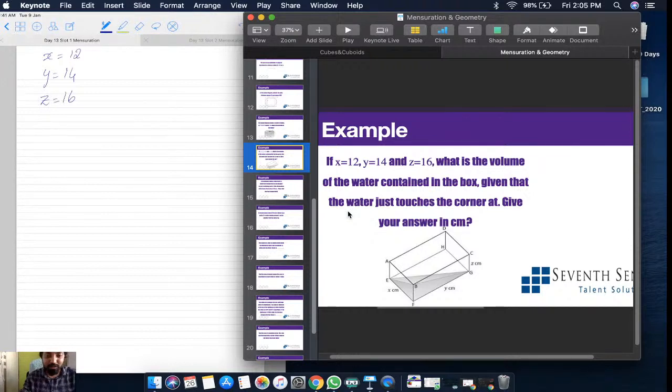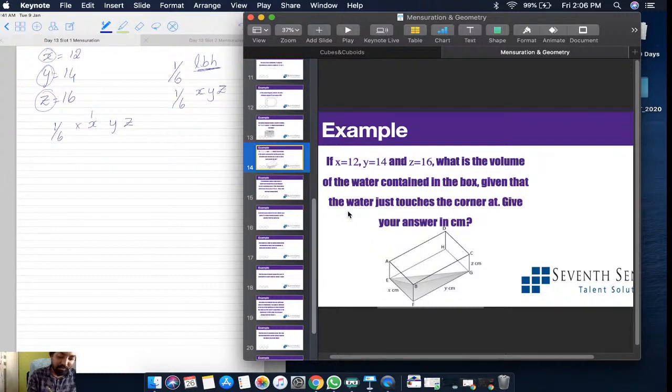The box itself is a cuboid, but the water inside the box is not looking like a cuboid for me. It looks like a triangle-based pyramid, and we have already discussed that the volume of the triangle-based pyramid is 1 by 6 LBH. In this case, we don't have LBH, we have XYZ. It is 1/6 of X, Y, and Z. That's all the answer is. 1 by 6 into X, Y, and Z.